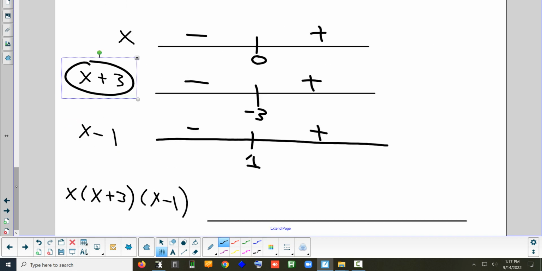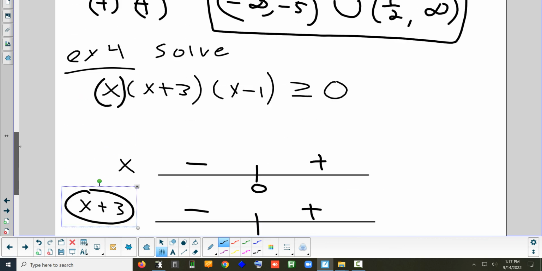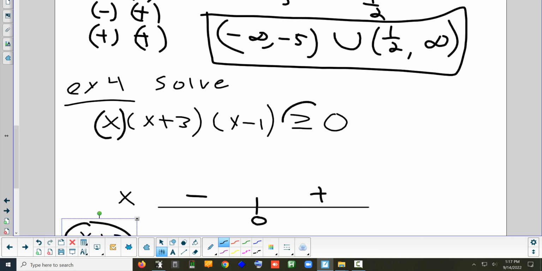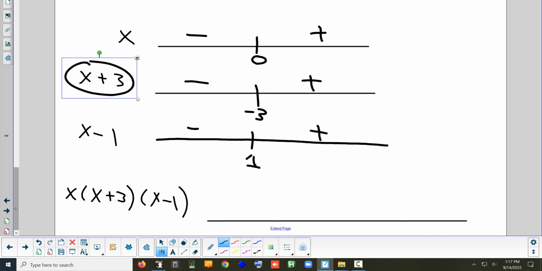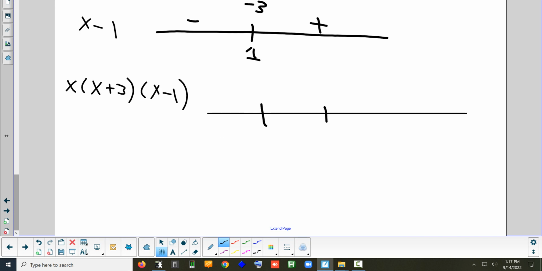So now, combine those together to make one number line. Ultimately, we are interested in positive values. Again, if they flip it and make it less than or equal to 0, then we'd be interested in negatives. So, this time the number line is broken into 4 sections.